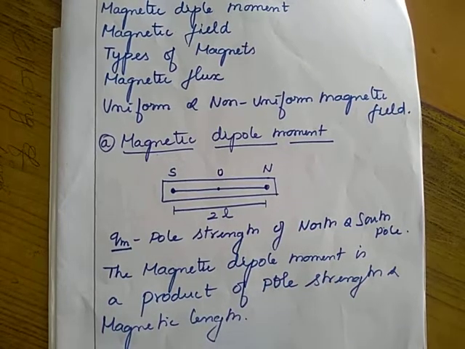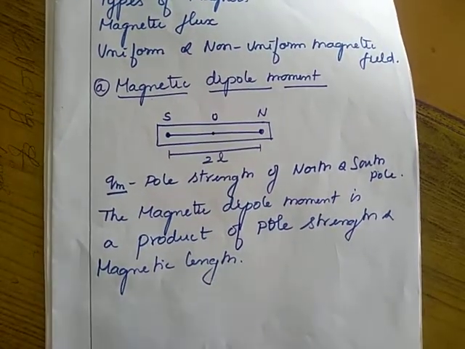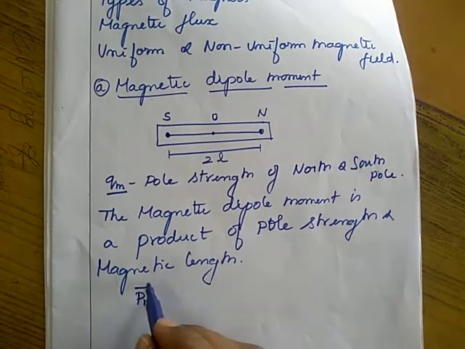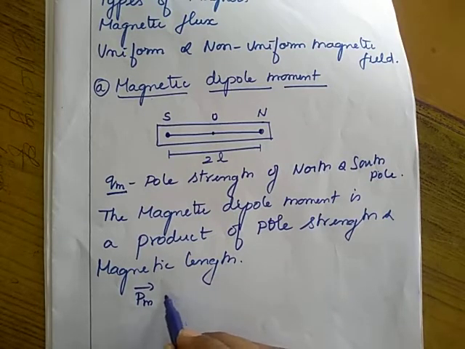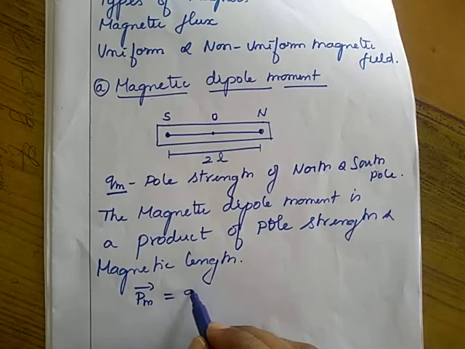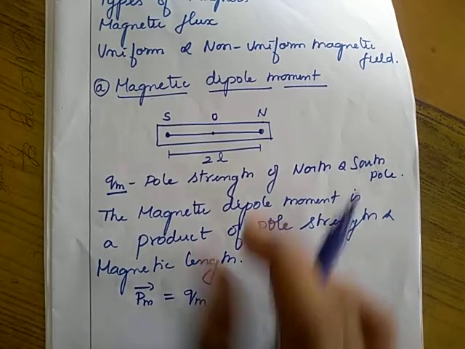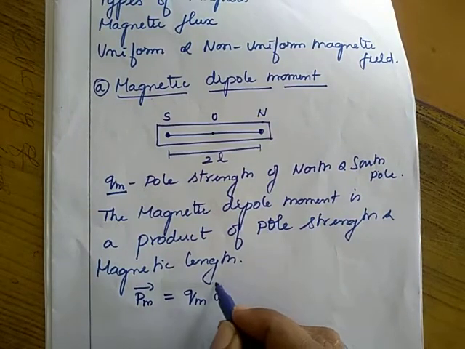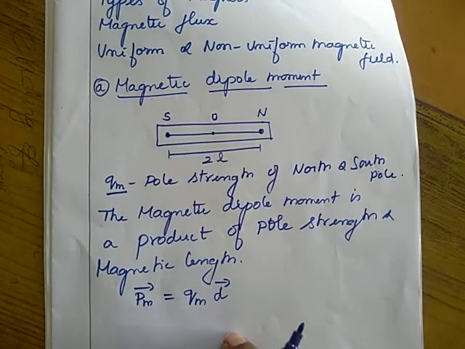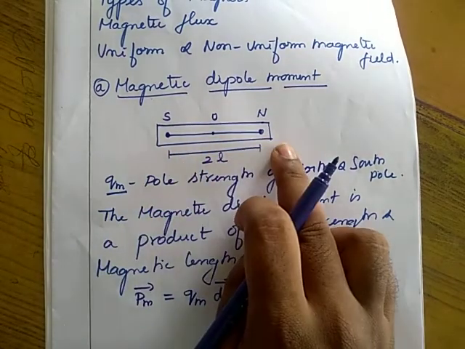Here the dipole moment is a vector quantity. It is represented by the symbol PM vector. Then we can write PM vector as the product of pole strength and magnetic length. This length can be written in vector form, D vector. D vector is a vector drawn from south pole to north pole.